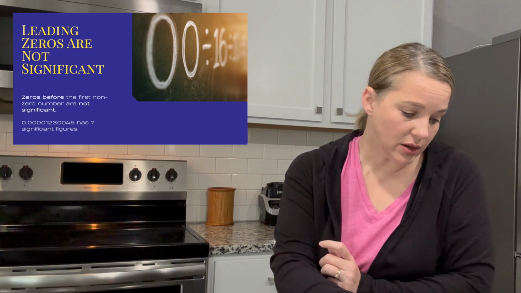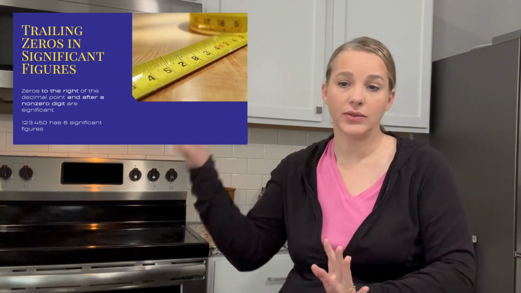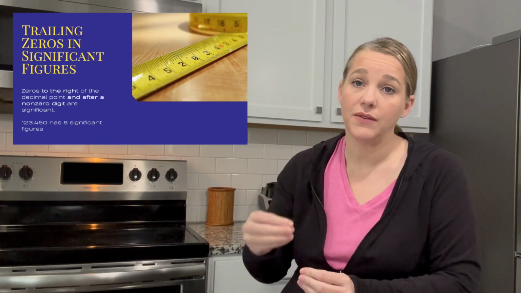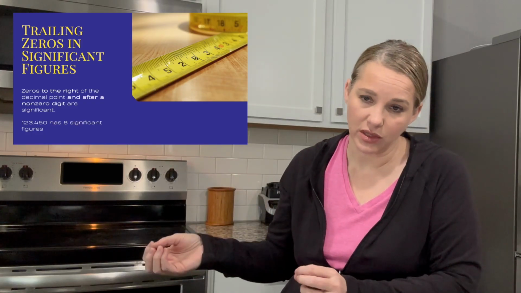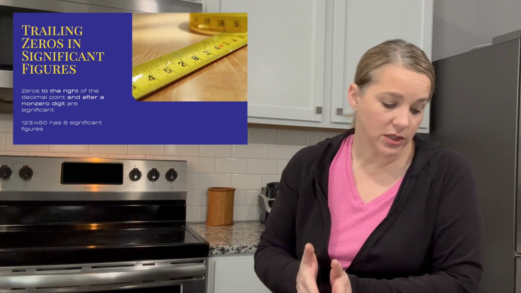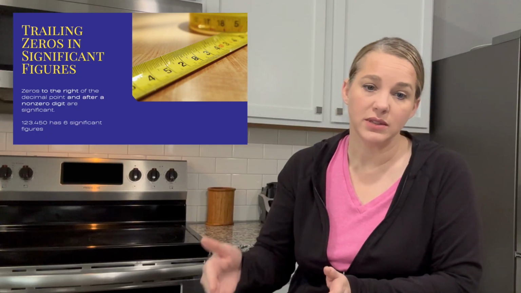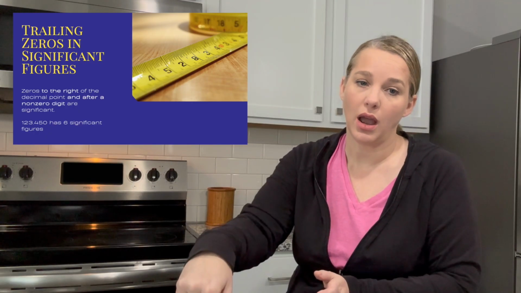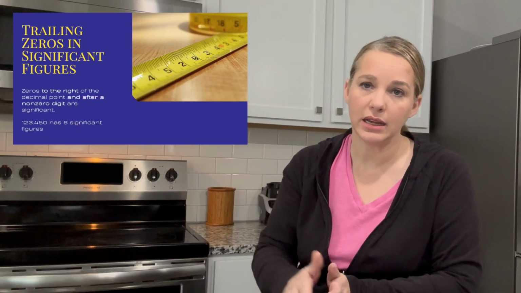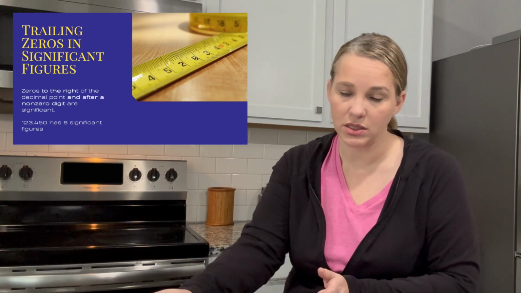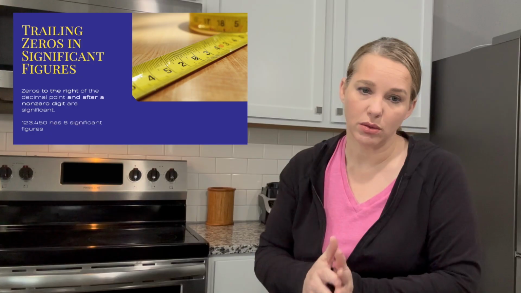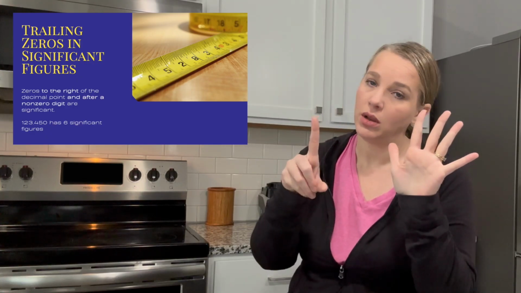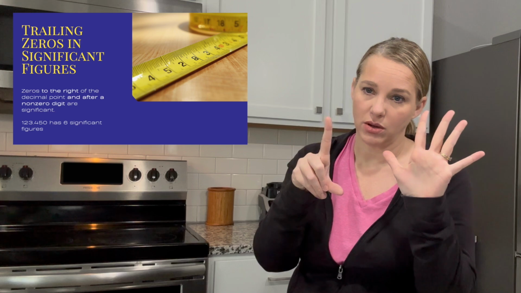But trailing zeros, any zeros that come after our non-zero numbers, are significant if they happen after the decimal point. So in the number 123.450, that 0, because it's to the right of significant figures and to the right of the decimal point, is significant. So that number, 123.450, has 6 significant figures.